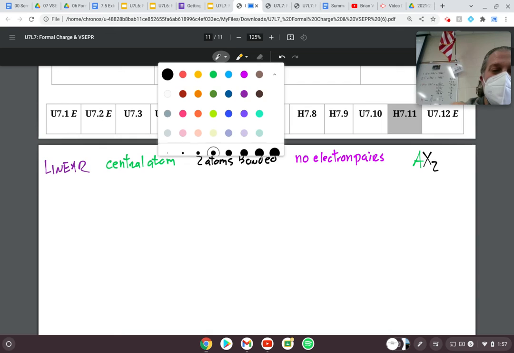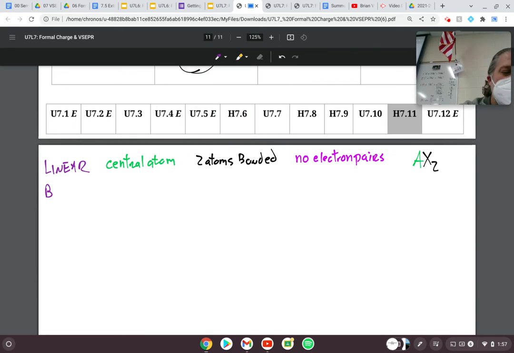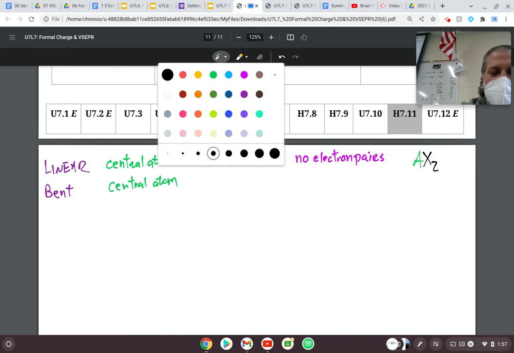The next structure that we learned about was bent. Again, it had a singular central atom. It had two atoms bonded to it.